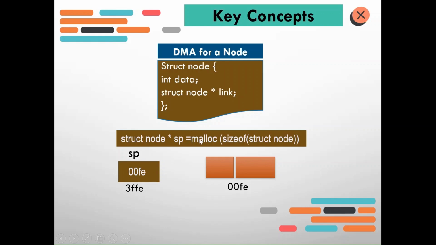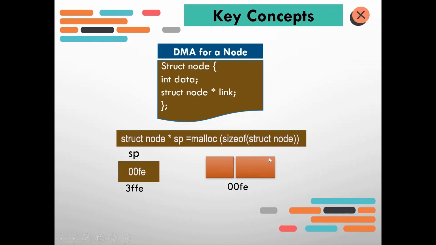Now, when you did this memory allocation, the memory allocation is done at this location, say 00FE. So what is the address of the allocated node? I would say node because there are two cells. It has been declared in this context, right? So this would be my data part and this would be my link part.